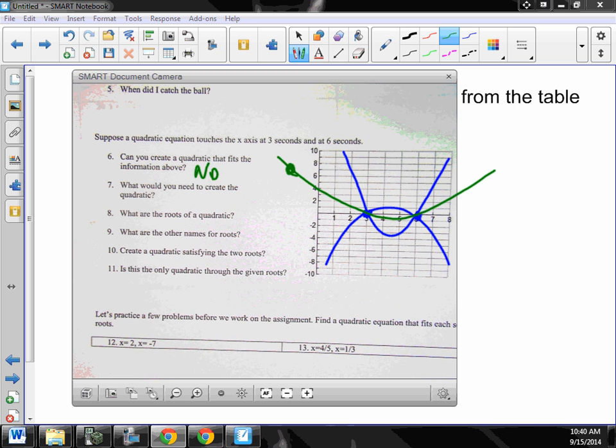Okay. 10, I don't know why it has a question mark on it. Create a quadratic satisfying the 2 roots. So we have a little trick we can do to make a quadratic equation. Somewhere where you have room, write x equals 3 and x equals 6.